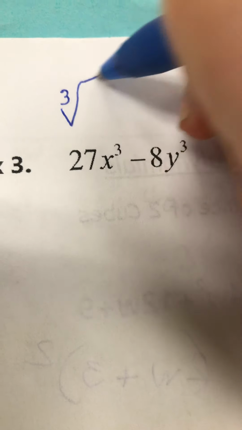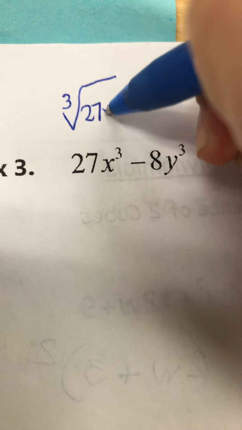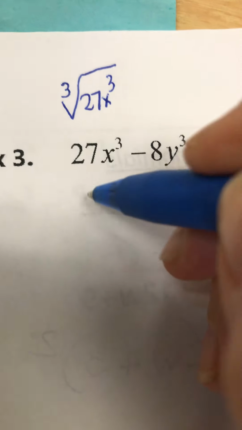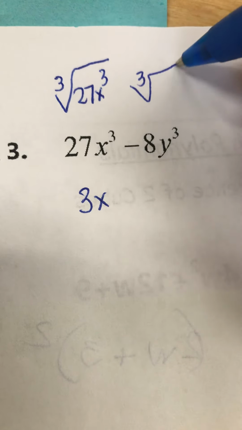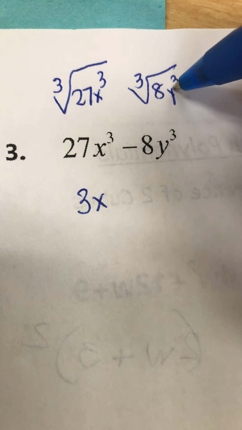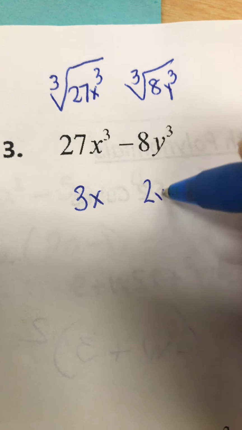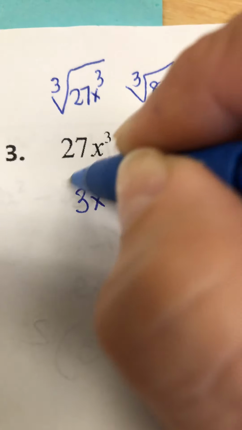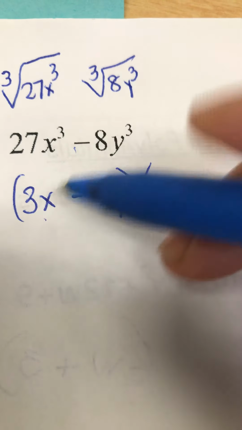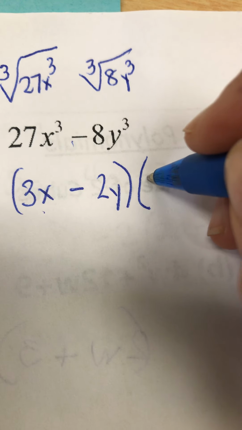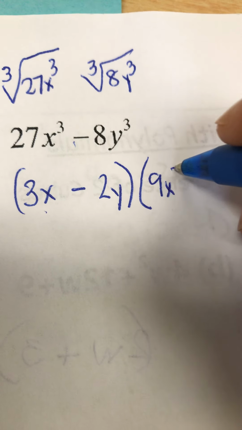Cube root of 27x to the third is 3x. Cube root of 8y cubed is 2y. Keep the sign. The trinomial to follow is 3x squared, so 3x times 3x is 9x squared.